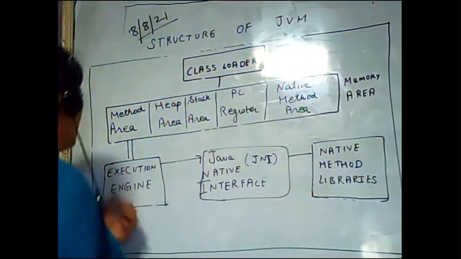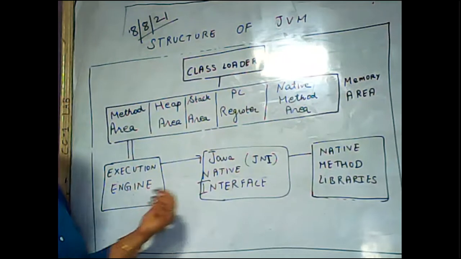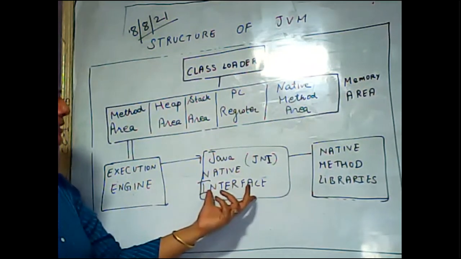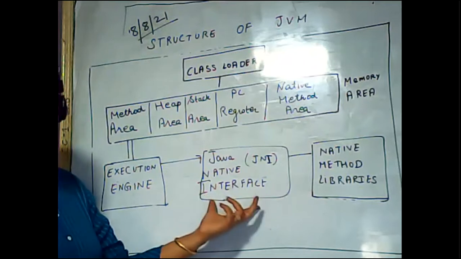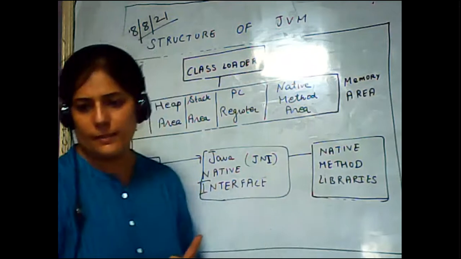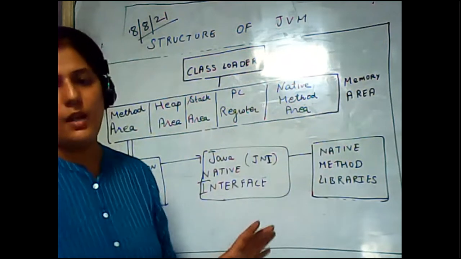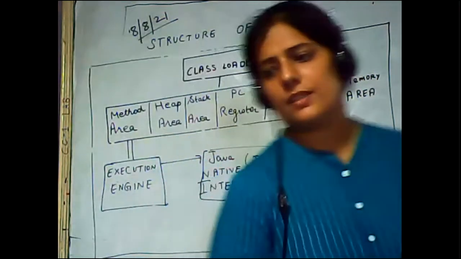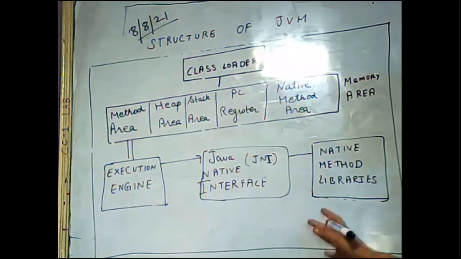From the memory area we go to the execution engine, which works with the Java Native Interface. With the help of this interface, we can connect with the different native method libraries. We will discuss everything one by one, but before that you must understand this basic structure of the JVM that we follow.